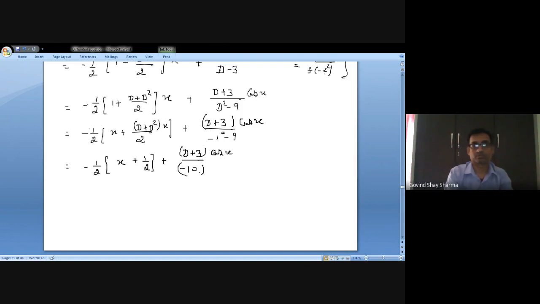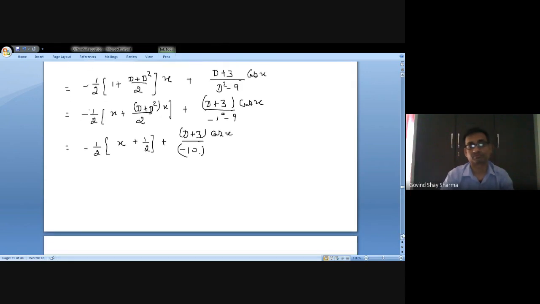So here it becomes minus half of x plus 1, minus 1 by 10 of D cos x plus 3 cos x.